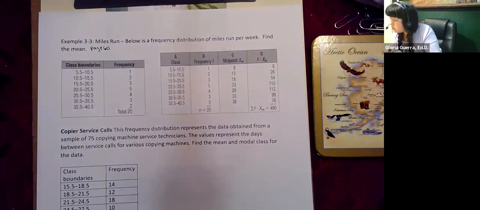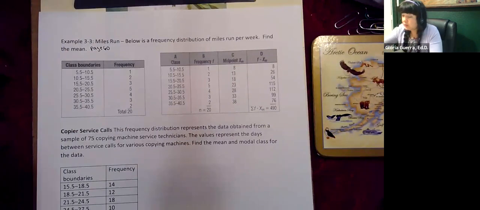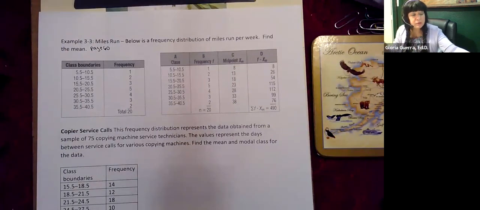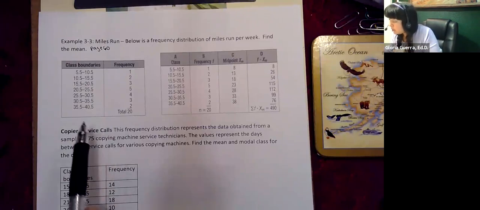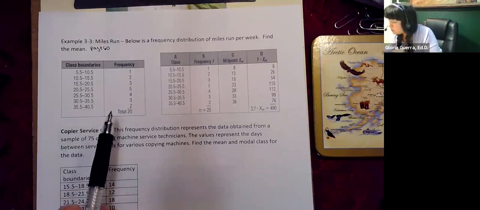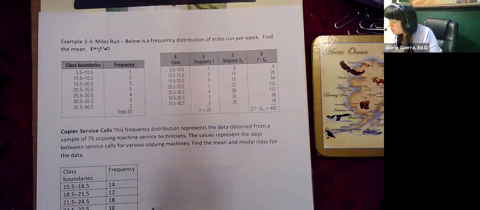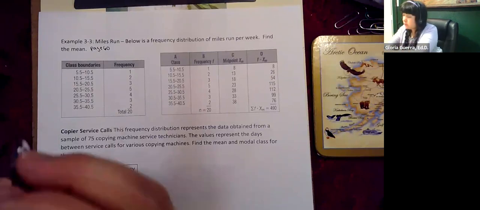Below is a frequency distribution of miles run per week. Find the mean, okay? And so let's see. So we have here class boundaries, okay? You can see that these end in 5, and they're going to be one decimal place beyond how the data is provided. So I'm going to write that down here.